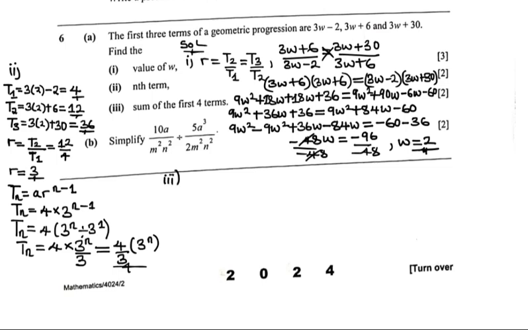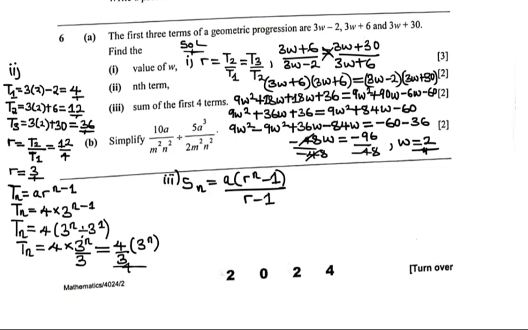On Roman numeral 3, we are calculating the sum of the first 4 terms. So this is going to be S subscript n equal to a open bracket r to the power n minus 1 close bracket, then divided by r minus 1.